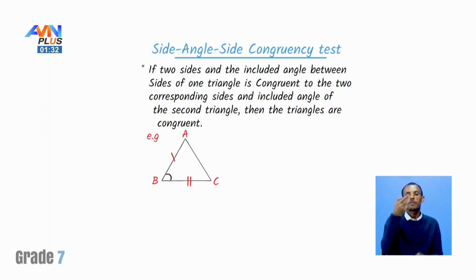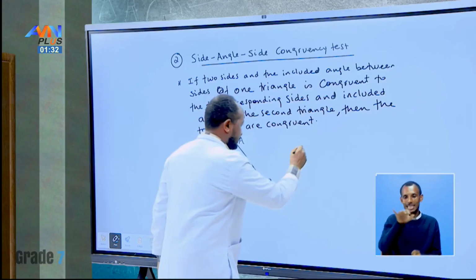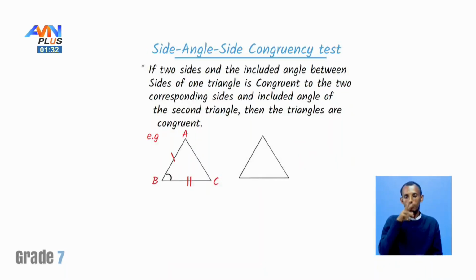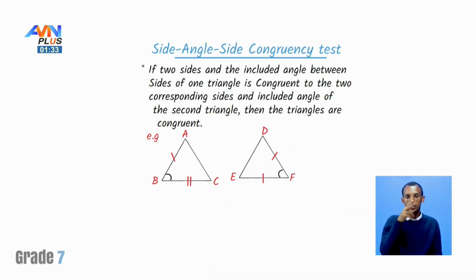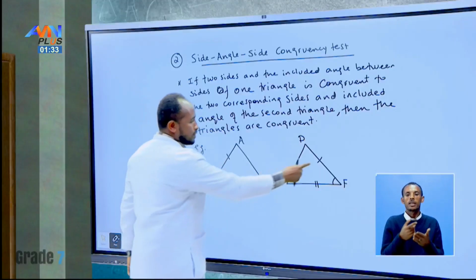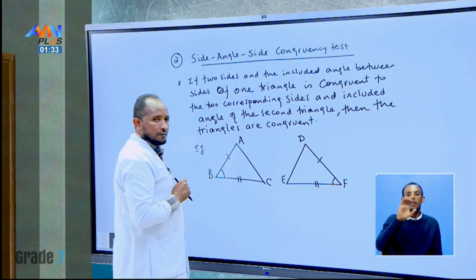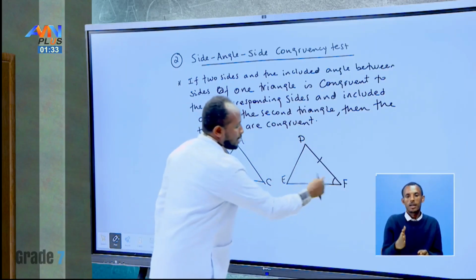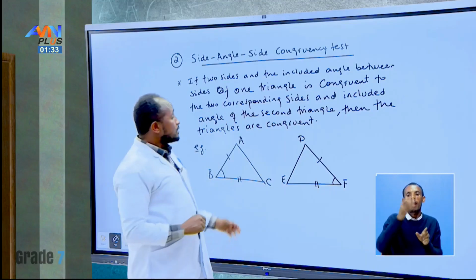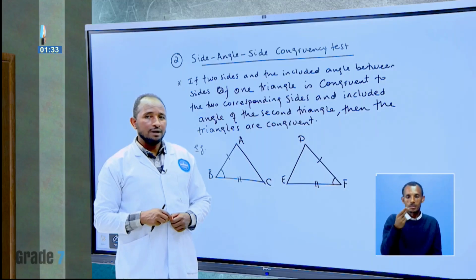If these two sides and the included angle of this triangle are congruent to another triangle here, DEF, assume this side is congruent to this one, this side is congruent to side EF, and the included angle between the two sides, angle B and angle F, are congruent, then these two triangles are congruent by side-angle-side congruency test.